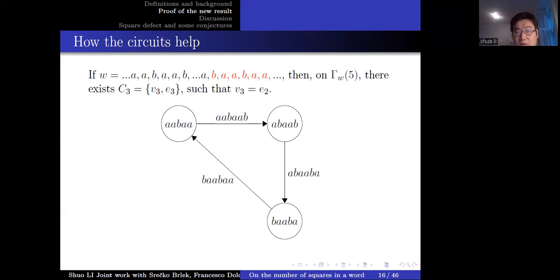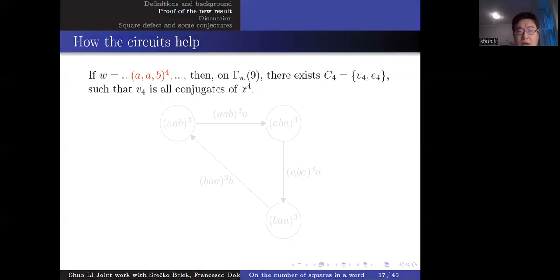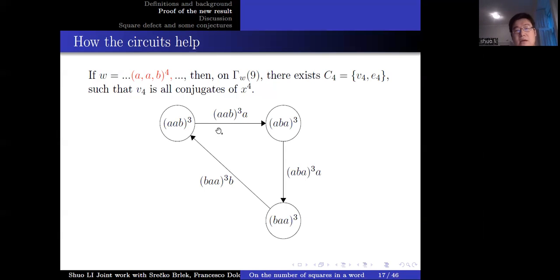So here is the graph 5, such that the vertex set of this graph is exactly the edge set of the previous one. And we can do it, etc., etc. Now, if the word x to the power 4 appears in W, then besides the secrets represented as above, there exists another secret like this.